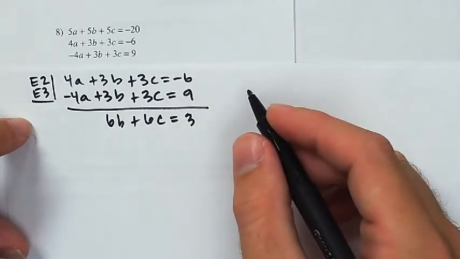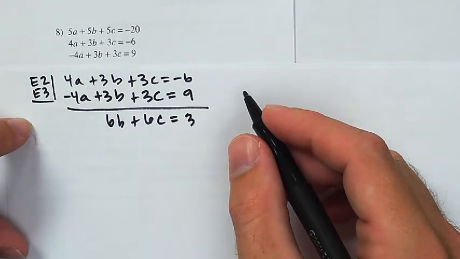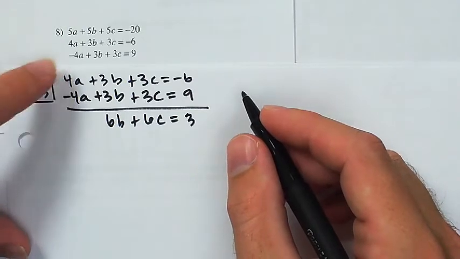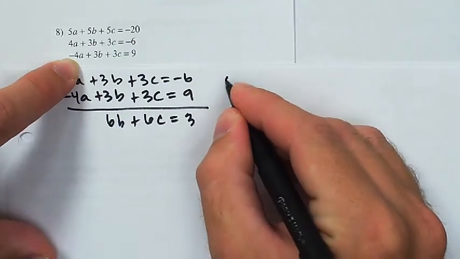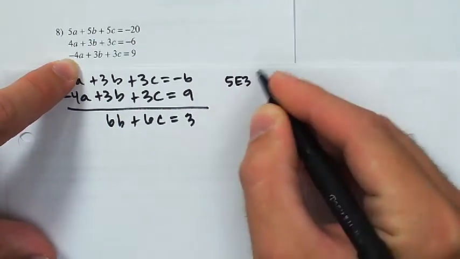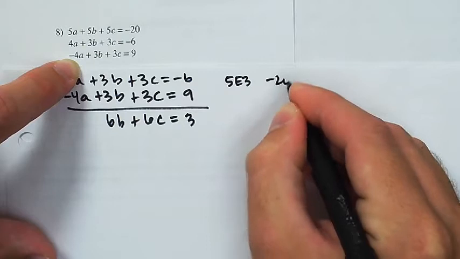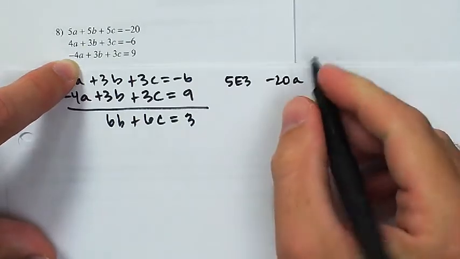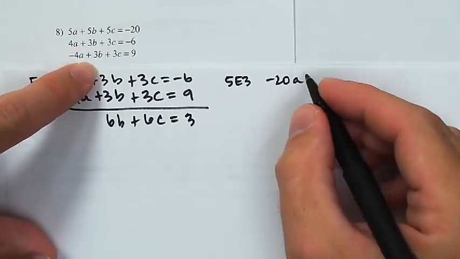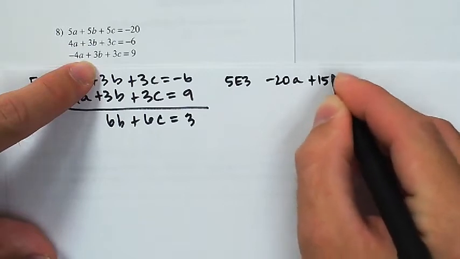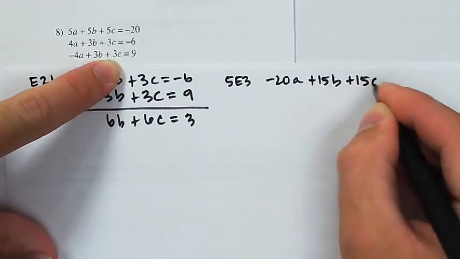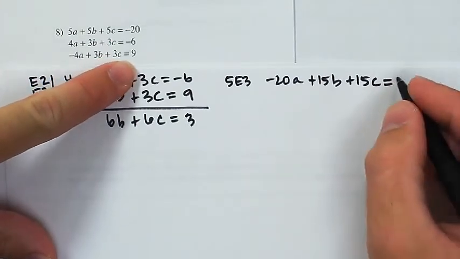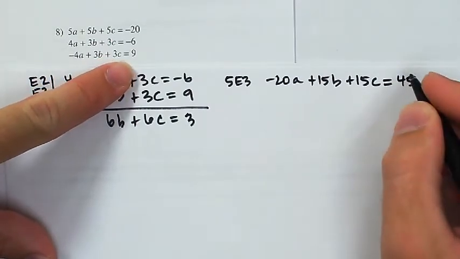Okay, and then I don't really have anything else to do besides multiply this one by 5. So 5 of equation 3 will be negative 20a, 5 of 3b is going to be 15b, 5 of 3c, also 15c, and that's going to be 5 times 9 is 45.